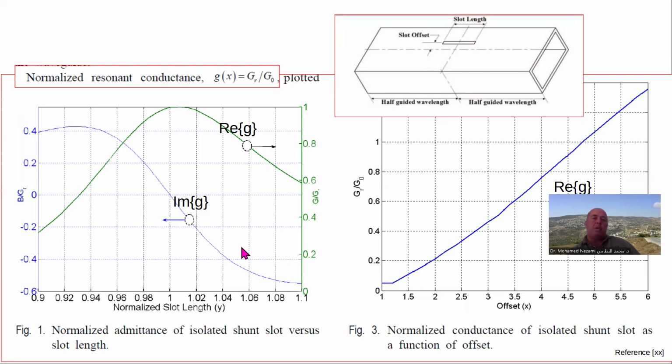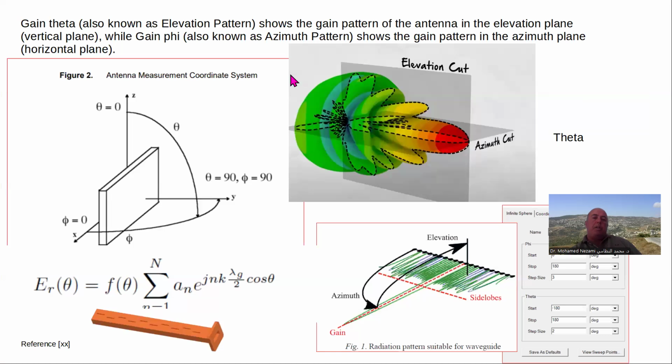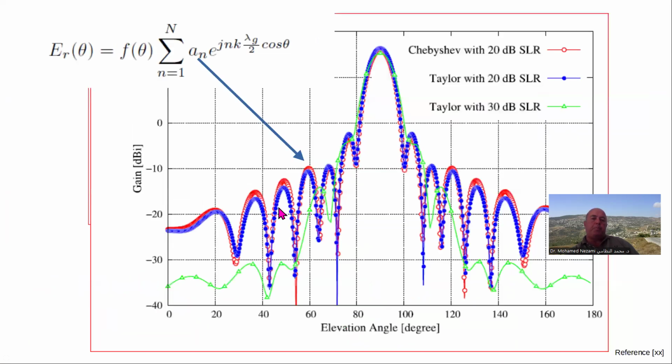And we showed that at resonance, the length of this is a half wavelength, and then the input impedance will be pure resistance, and the imaginary part will be 0. The radiation pattern, we showed that it's pretty simple. The array factor is basically you take a single slot radiation pattern, which is a half wave dipole, and then you plug it into this equation here, which just shows it's a linear array of slots in here.